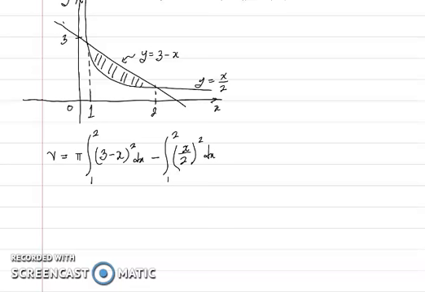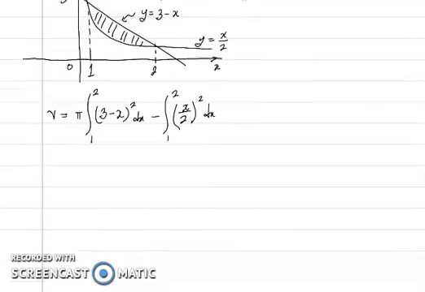So this is simply the volume of the solid of revolution of the higher graph minus the volume of the solid of revolution of the lower graph. So that's essentially what this is.